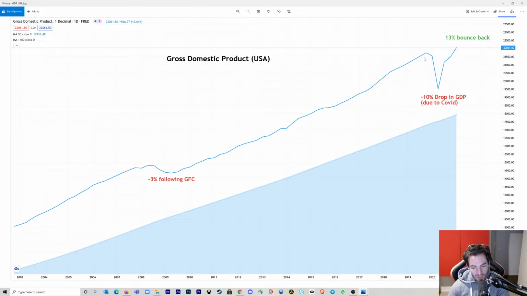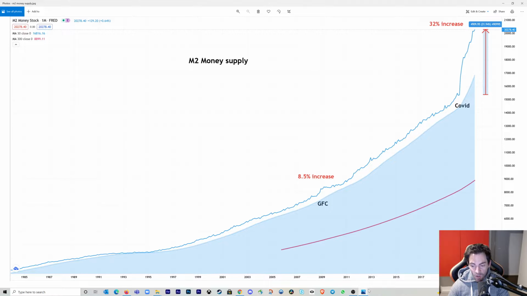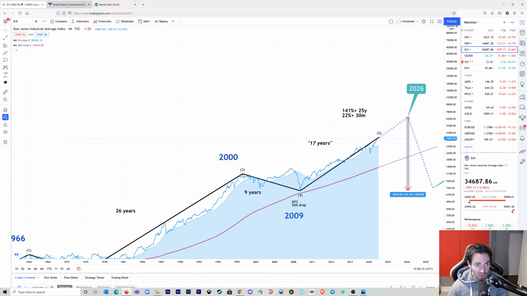So it begs the question, once businesses reopen and get back on track, and we have an extra 32% of money in the system, what impact will that have on the stock market? So that's an interesting question.